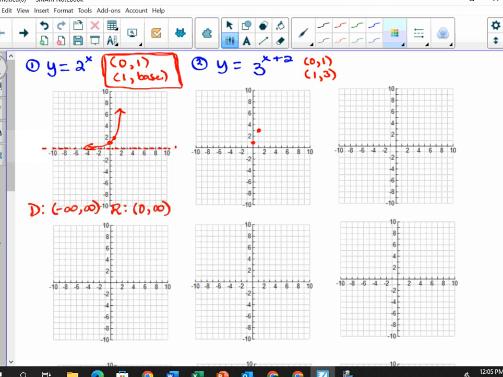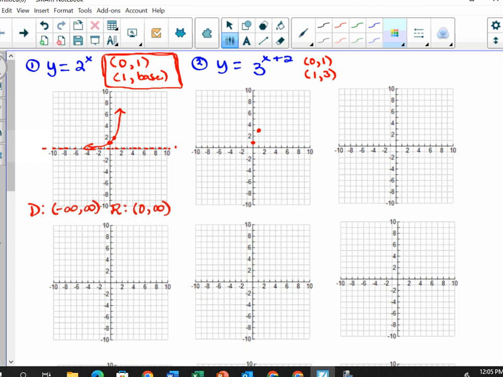So up, down, left, right, where do you think this graph is shifting? I heard a vote for 2 up, 2 where else? We know it's going by 2. I heard a vote for down, left. All right, nobody wants to guess right? It is 2 to the left.